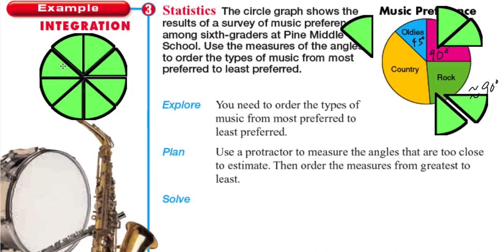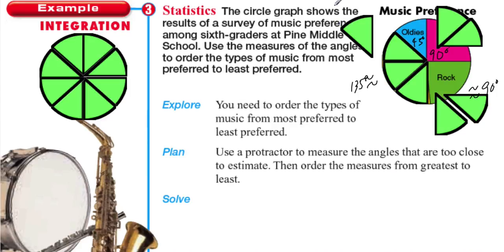And then country will be one slice, two slices, 90 degrees, three slices is around 135 degrees. So this is around close to 135 degrees because it consists of three slices.